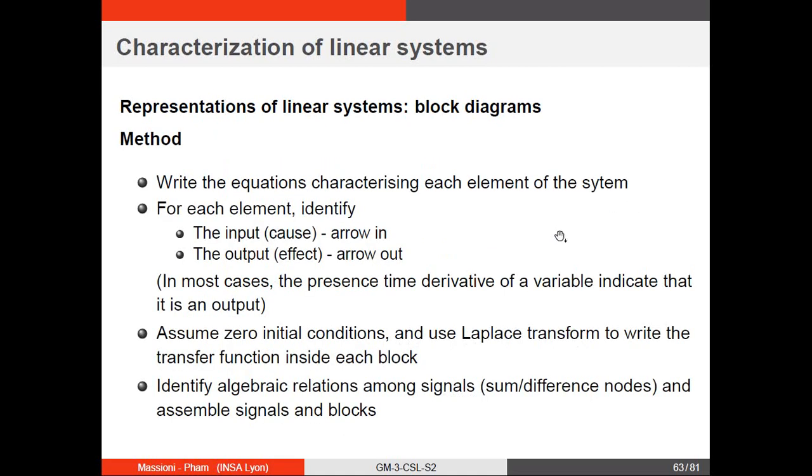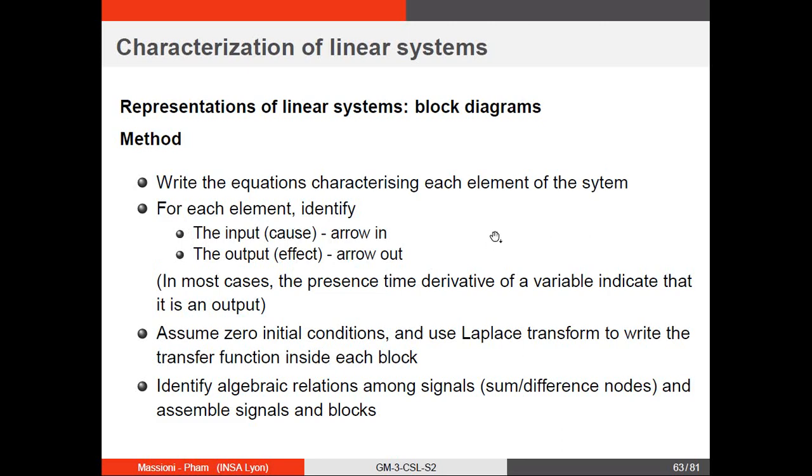So how do you create the block diagram of a system from the equation? Well, the trick is write the equations characterizing each element of the system separately. Then for each element identify the cause, the input, the arrow in, and then the output, the effect, the arrow out. There is a trick to get this easy.